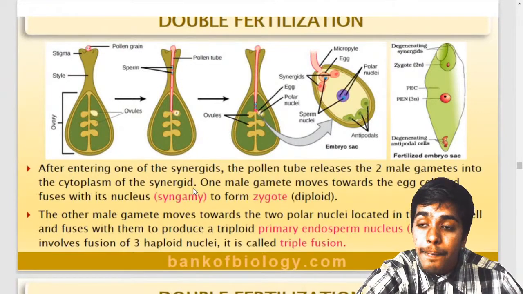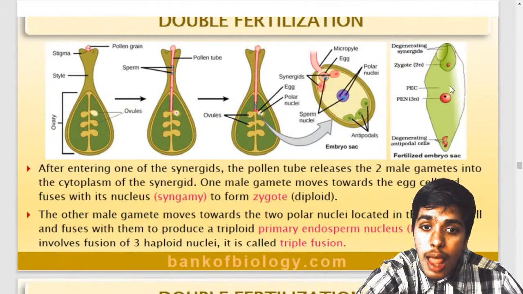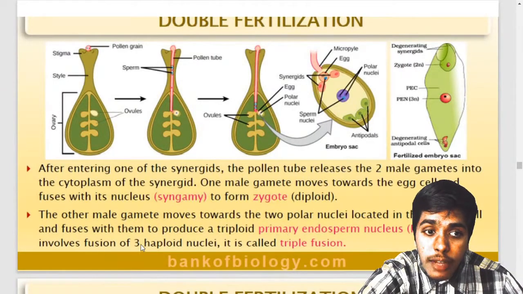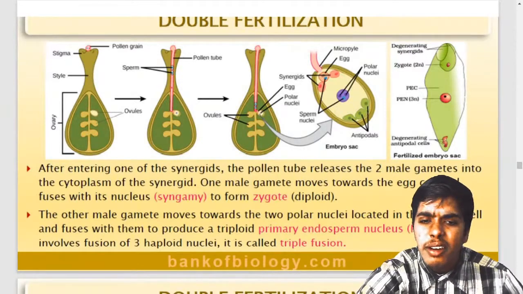One male gamete moves toward the egg cell and fuses with its nucleus to form the zygote. That is the first one. The other male gamete goes to the two polar nuclei in the central cell and fuses with them to form the triploid primary endosperm nucleus, as it involves the fusion of three haploid nuclei, or triple fusion.